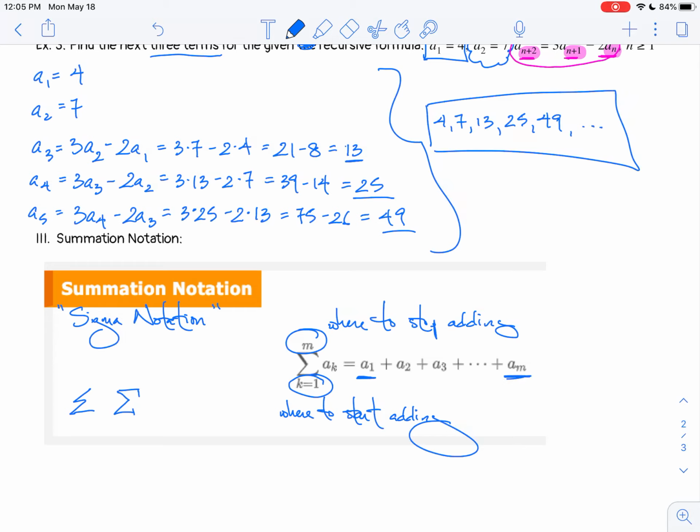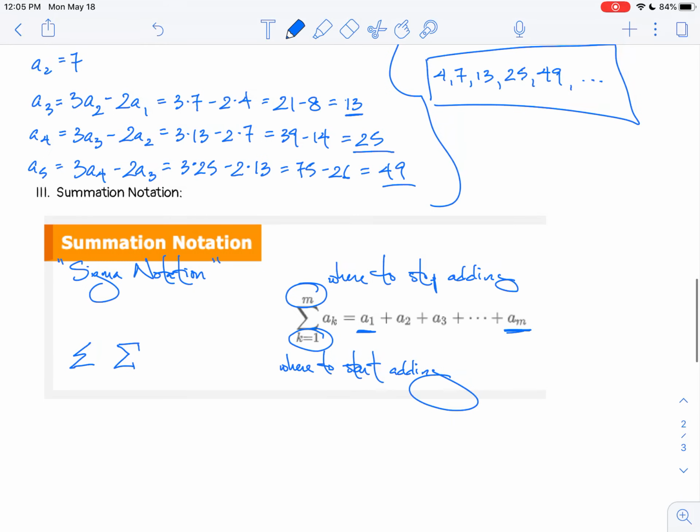Just to plant a seed, if I have my summation notation and I have a number up here, that means this is going to be called a finite series, meaning I'm adding together a specific number of terms.